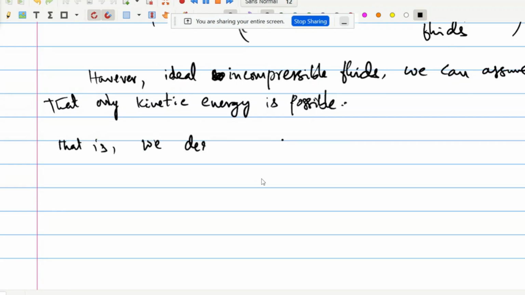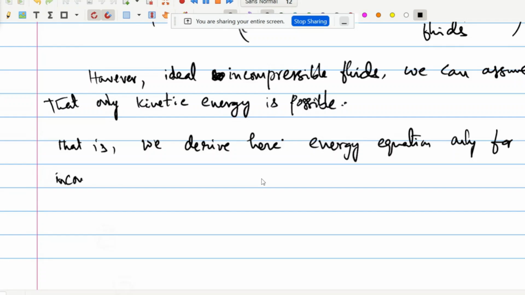That is, we derive here the energy equation only for incompressible fluids. Okay.